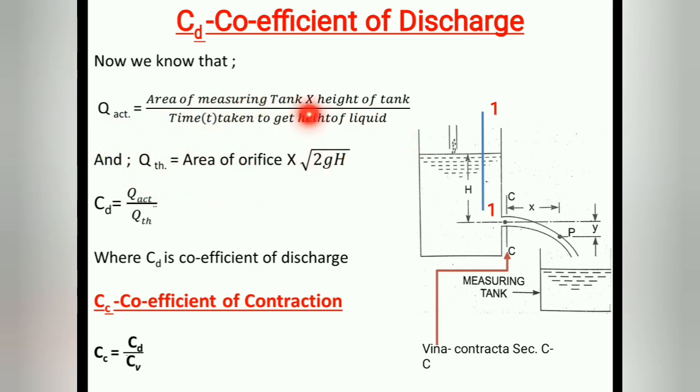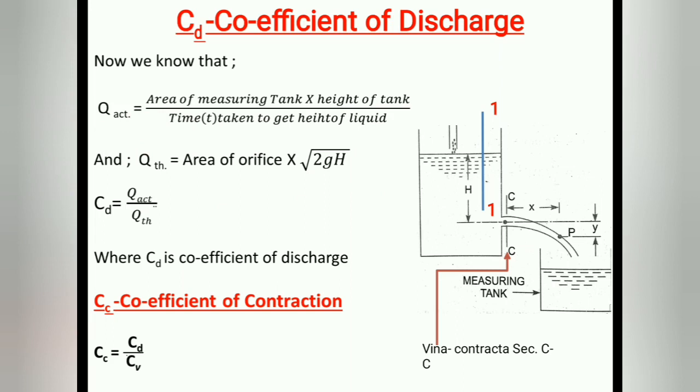So the Q theoretical is A1 into under root 2gh. Now Cd is the coefficient of discharge. It is the ratio of actual discharge to theoretical discharge. So put in the value of the actual discharge from the earlier relation and the Q theoretical from this relation, and we easily calculate the coefficient of discharge.